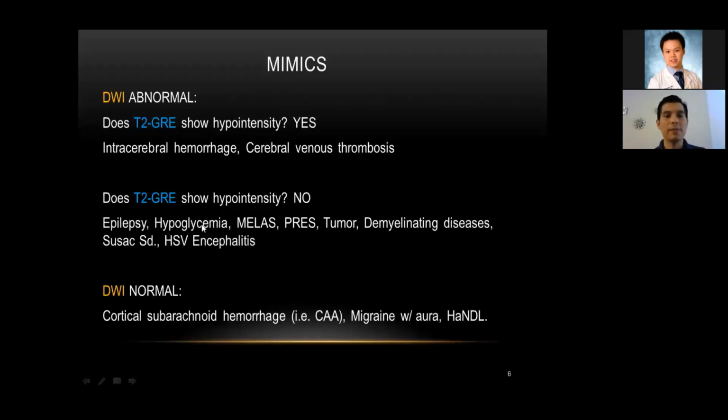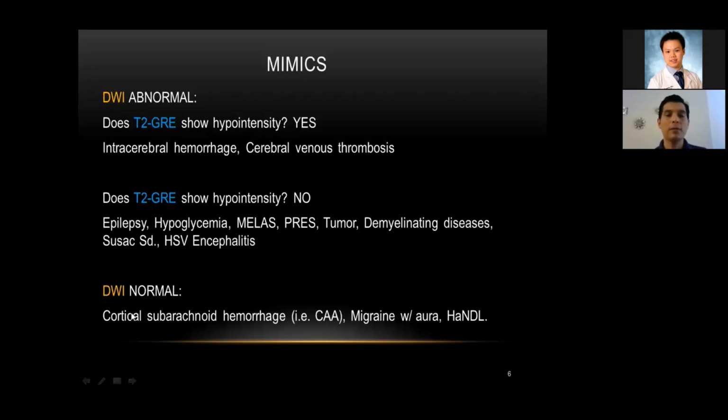We have epilepsy, hypoglycemia, MELAS, PRES, tumor, demyelinating diseases, and even rare diseases like Susac syndrome and HSV encephalitis. We will see this in detail later.